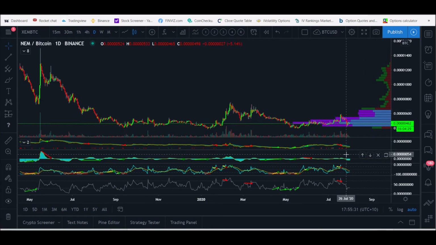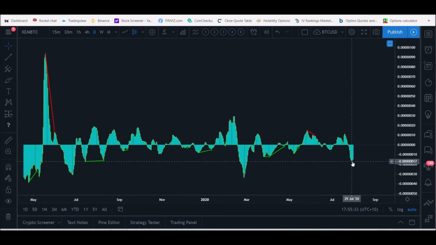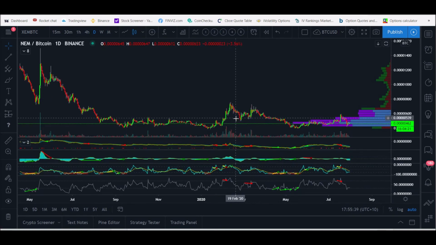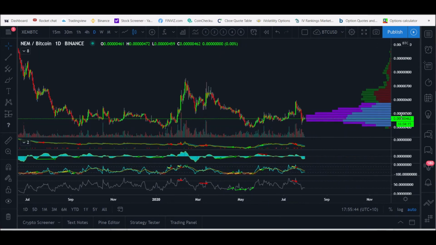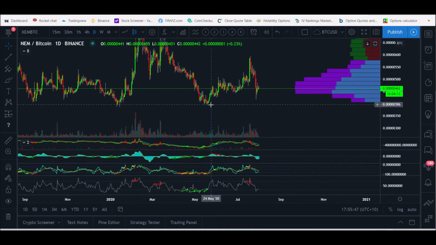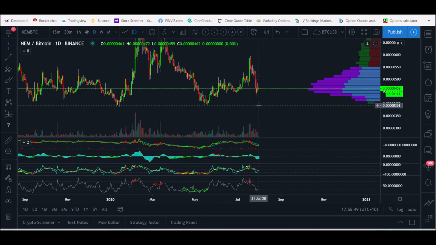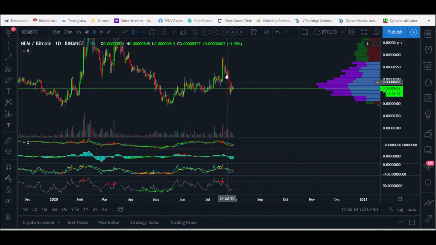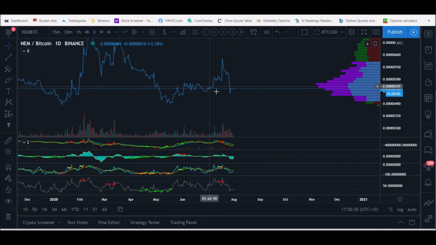So the current price in the current histogram has broken every low except for this one right here. Interesting. So that means we could come back down and retest this low here. You can see that we have come down. No real structure in price here.